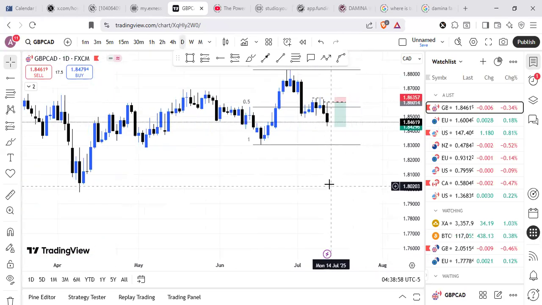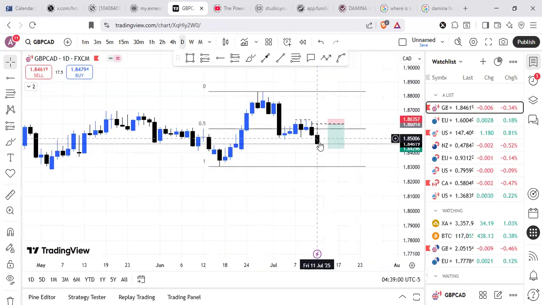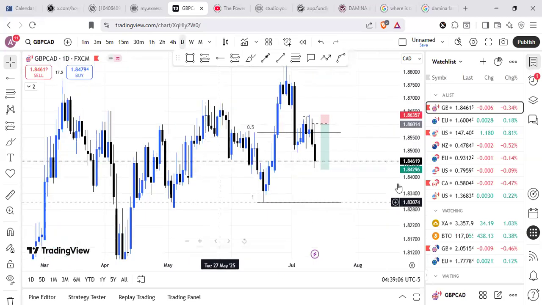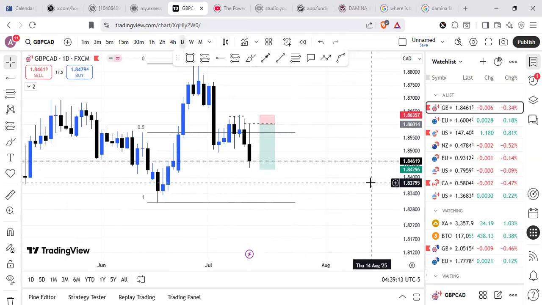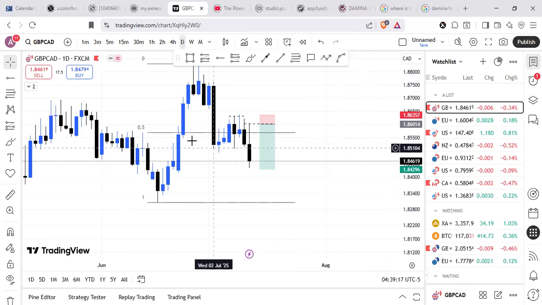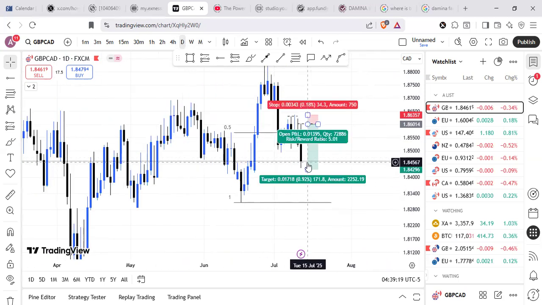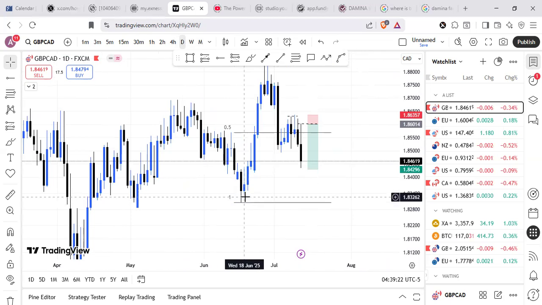Of course you can see that GBP CAD on the daily on Friday was very bearish. So you now know that the fundamentals didn't lie. You see how bearish it was on Friday. Moving into next week, because I know what the fundamentals say, I'm still going to expect some bearish movement on GBP CAD, at least till it takes out this low.